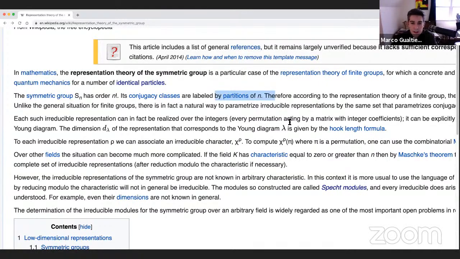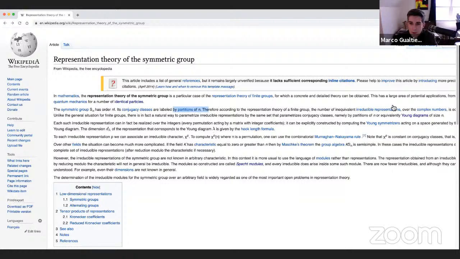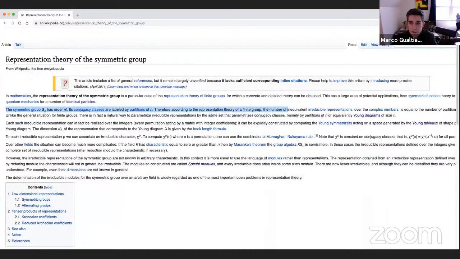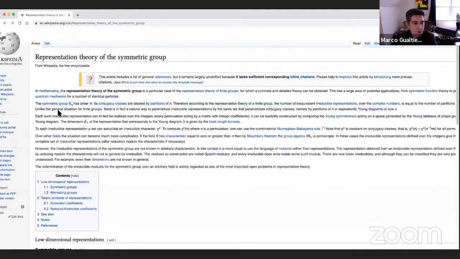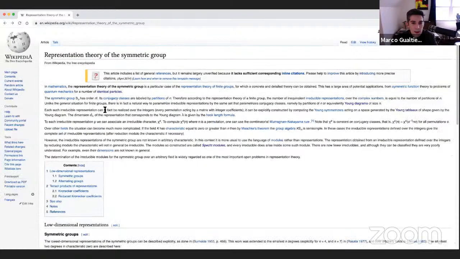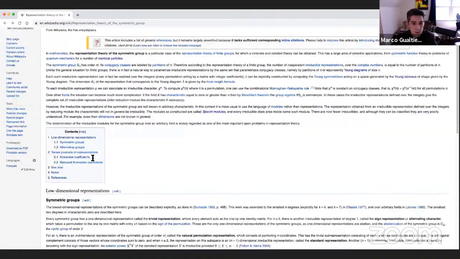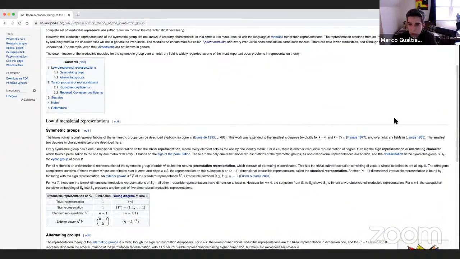The number of inequivalent irreducible representations over C is equal to the number of partitions of n. And so you end up with these Young diagrams.